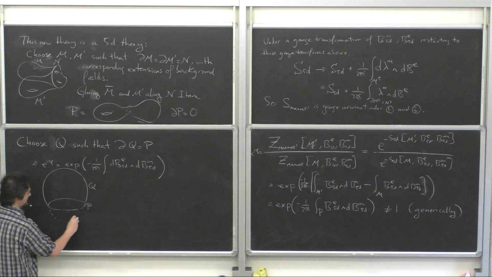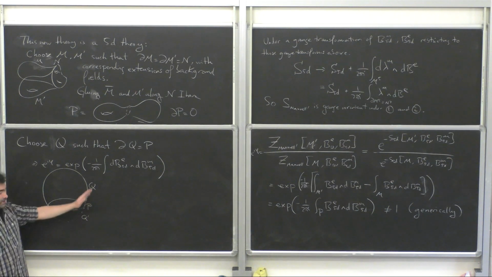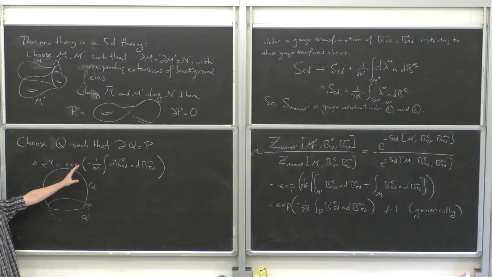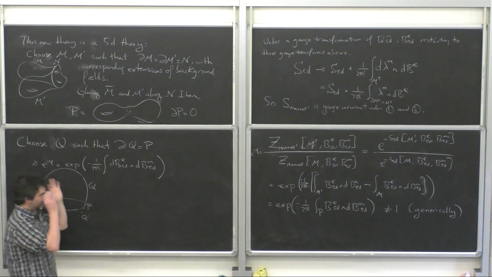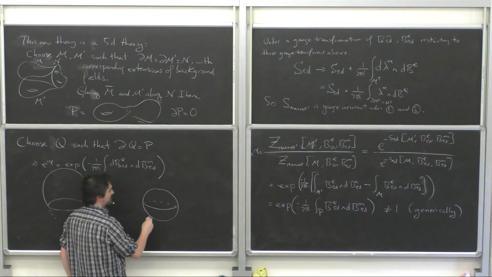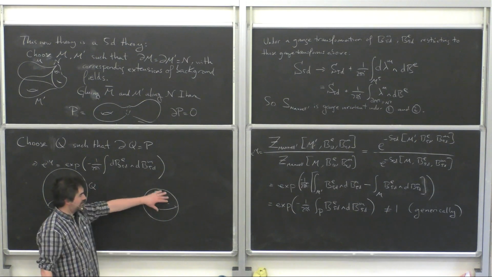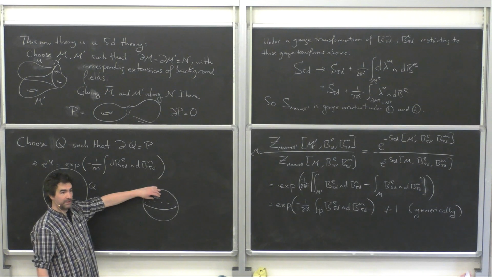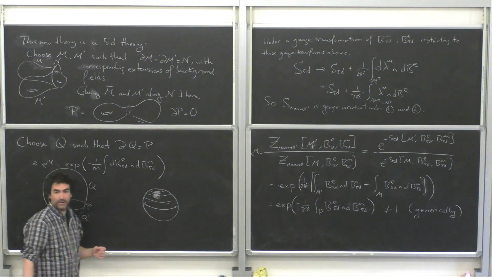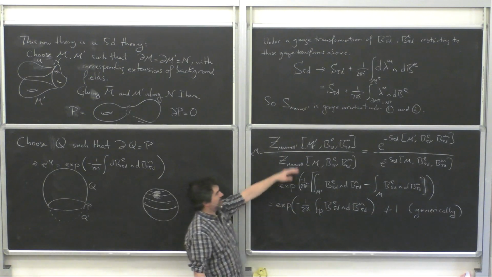If I were to extend Q to some extra piece Q prime, then the integral of these fields over the whole thing will be indeed integral, but here I'm chopping off a piece. This integral is arbitrary, depends on the curvature. To give you something easier to picture, if you have a 2-sphere and you put some U(1) bundle with curvature that you localize around this half, the total integral of the curvature will be an integer, whatever it is, but depending on where you do the integral, you pick up more or less of this curvature. So this integral is not an integer, therefore that integral is not 1, therefore this thing depends on the extension.